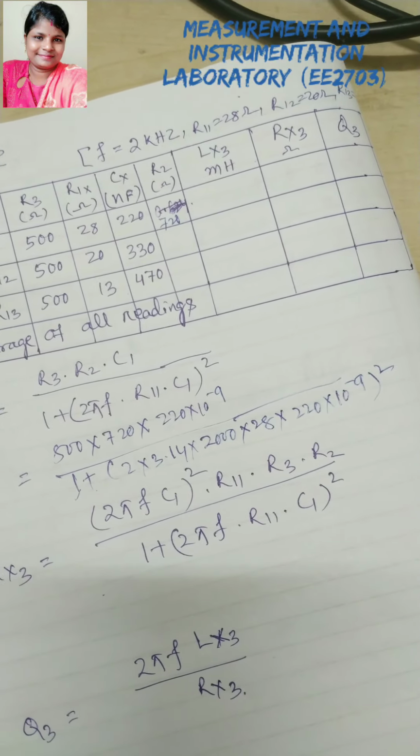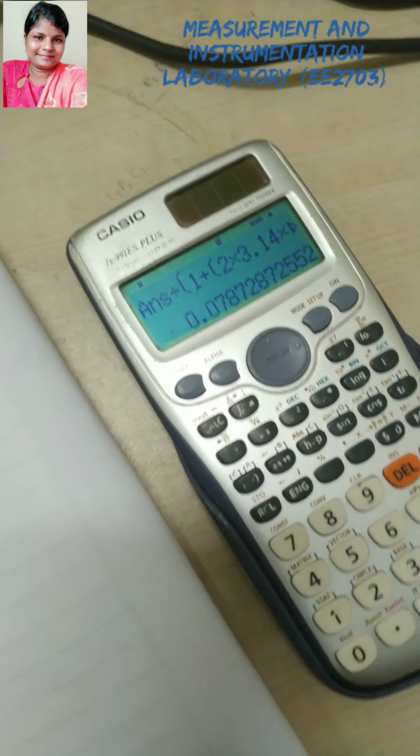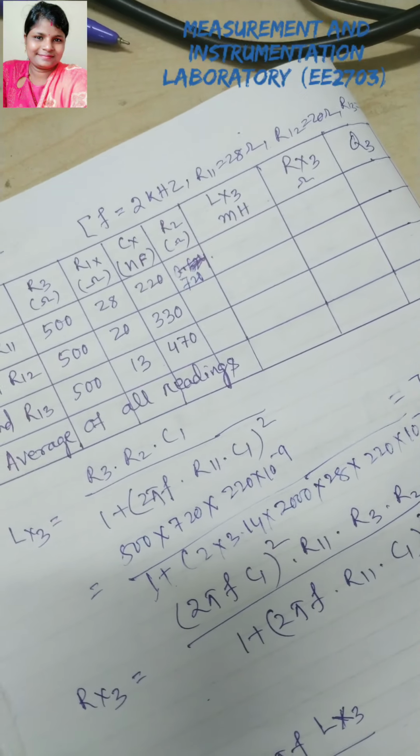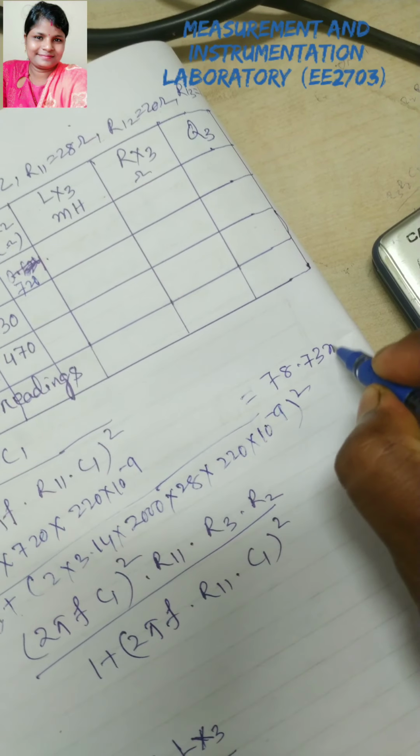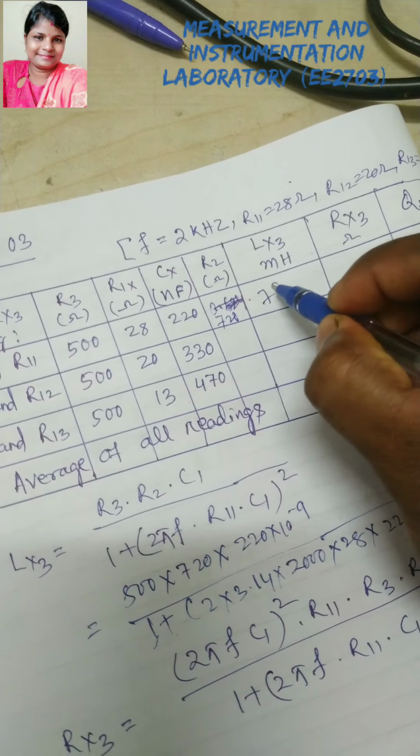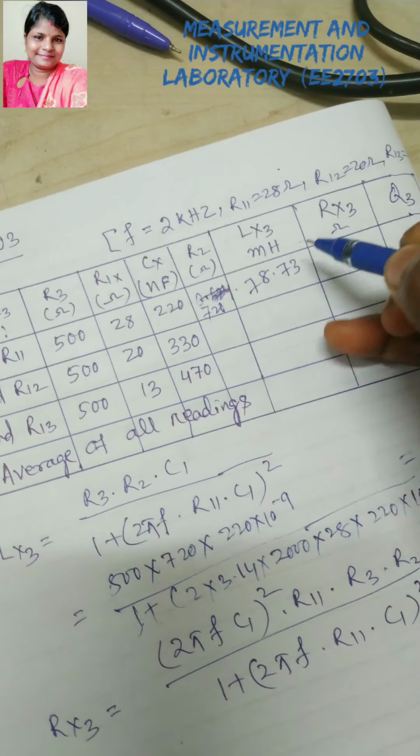So calculate. So it is 78.73 millihenry. So 78.73 millihenry.